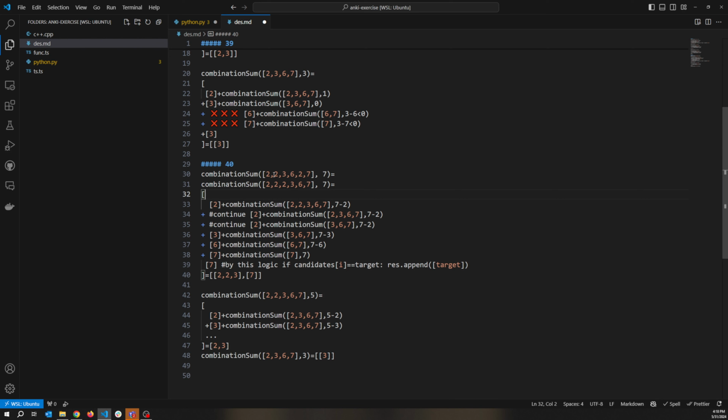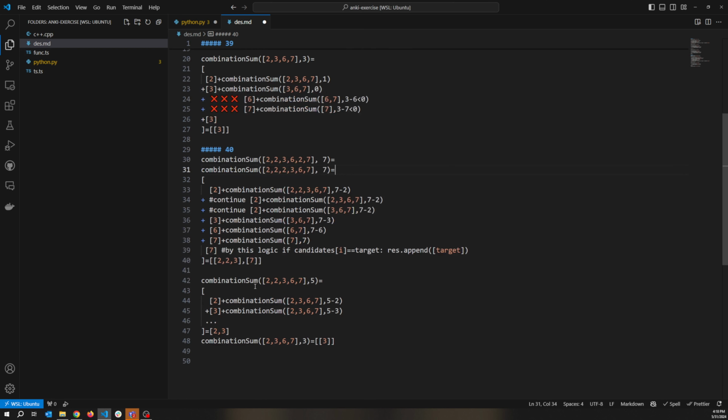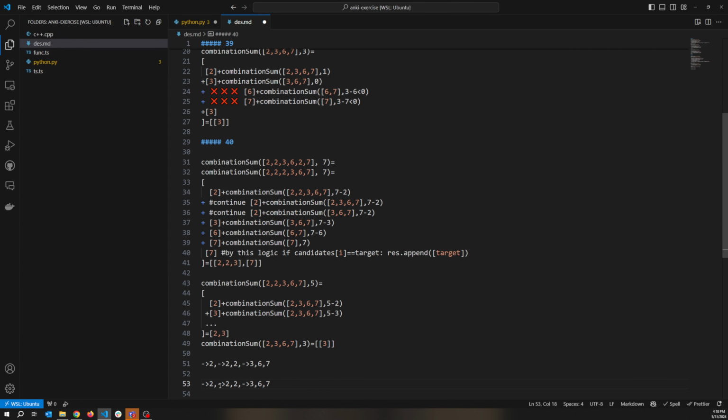We know that the issue we may get into is that we get the answers of, for example, these two here, and this one here. Or it's possible that instead of these two, we get these two. So it's going to be repeated, and we don't want to do that.